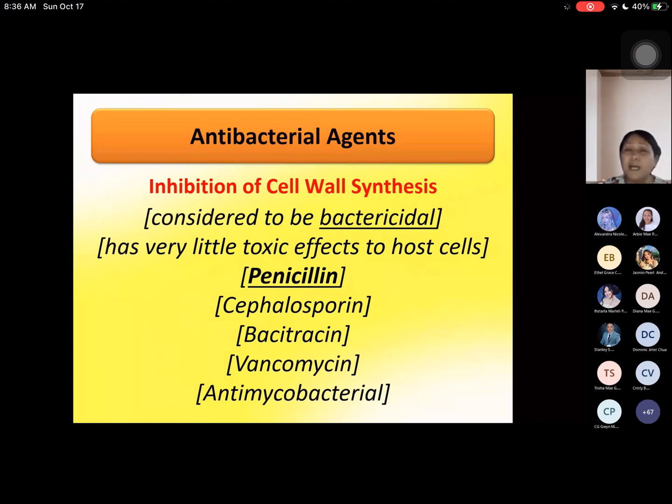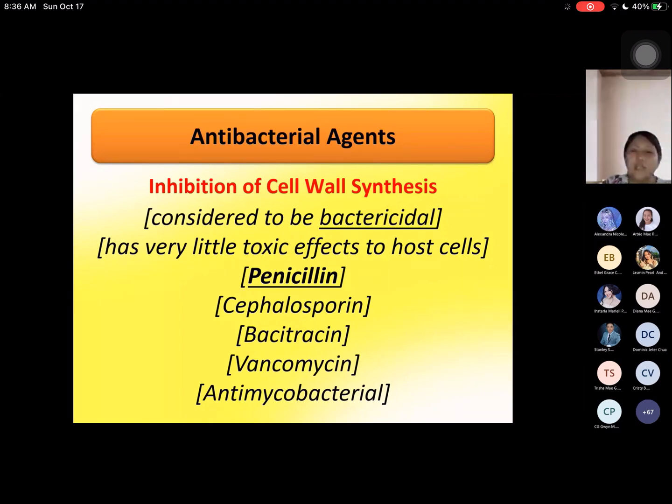So it causes destruction of the bacteria. This is the mode of action of these antibiotics or antimicrobial agents. They inhibit the cell wall synthesis.